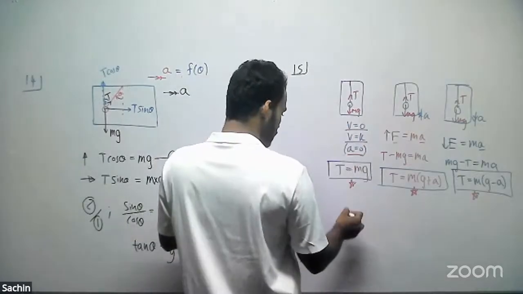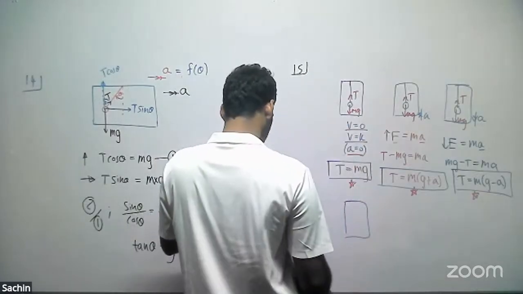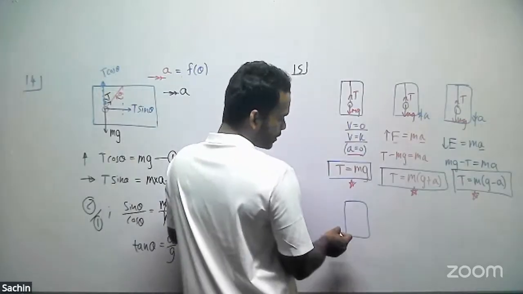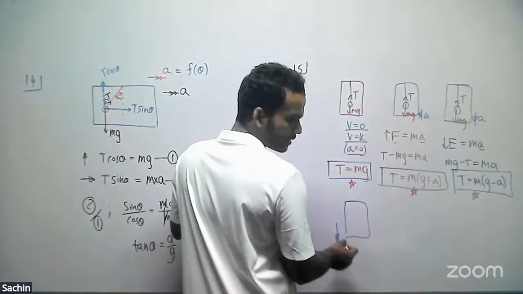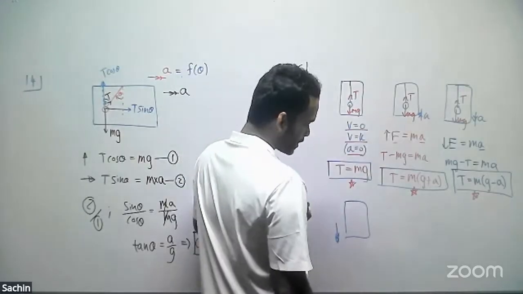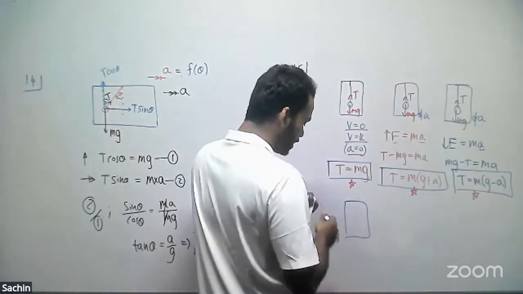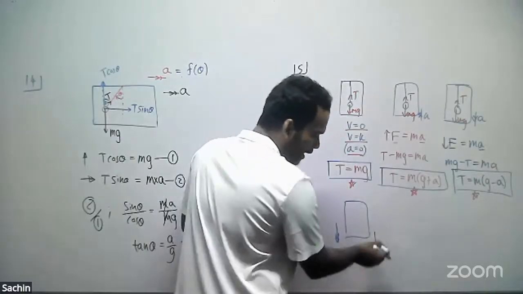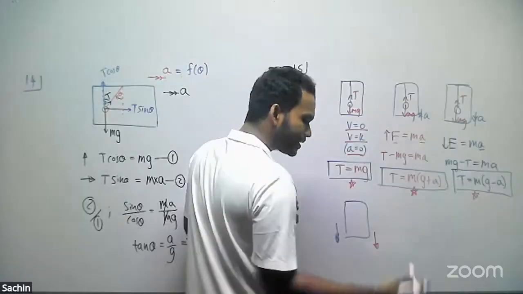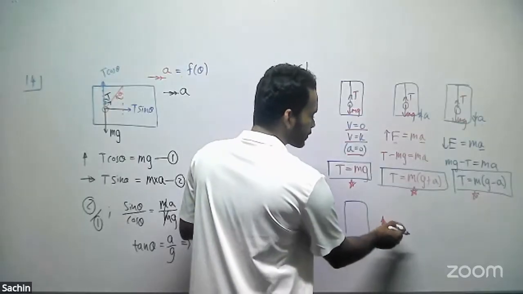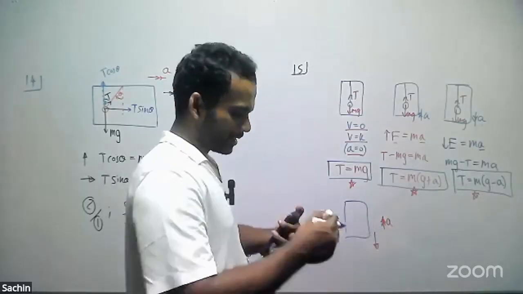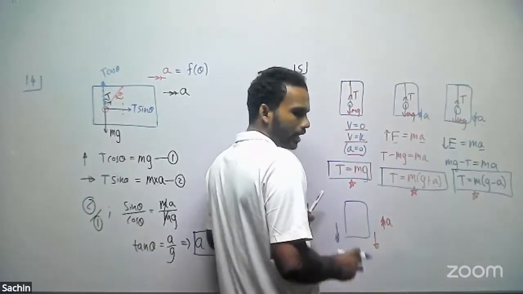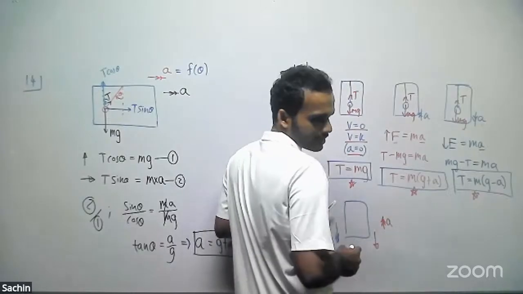And here in the fourth part, they say decelerating downwards. So the elevator is decelerating downwards. Decelerating downwards means it is reducing its downward velocity. That means the direction of acceleration should be upwards. So in the given case, what we have to identify is the direction of acceleration.